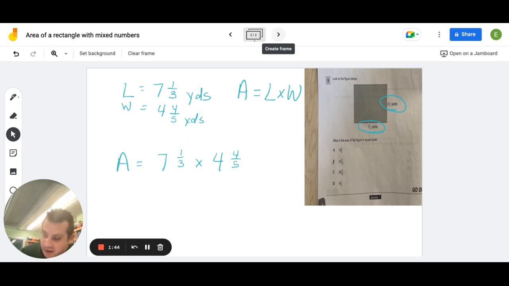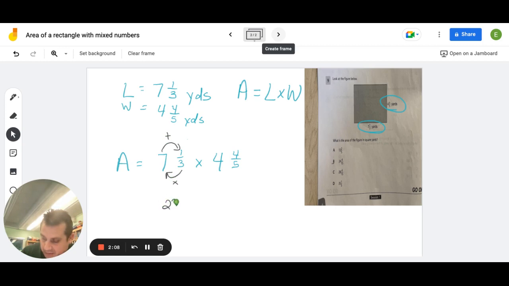To multiply these mixed numbers, for me, I start with my denominator, 3, multiply it by the whole number, and add the numerator. So I'm doing 3 times 7 is 21, and add my numerator is 22.